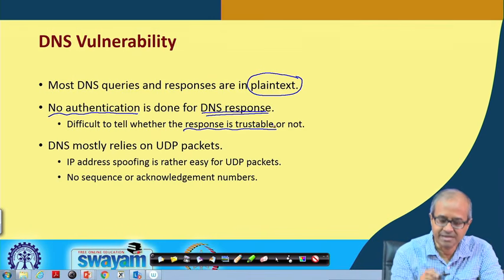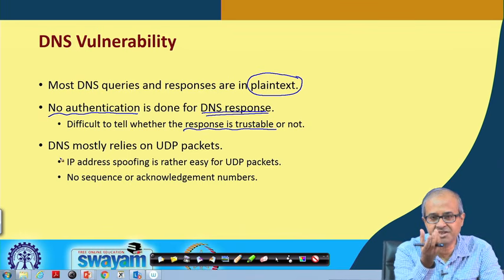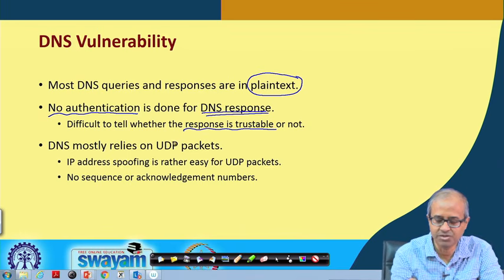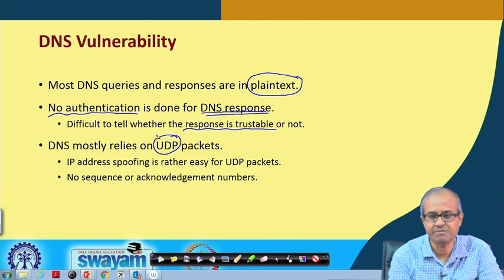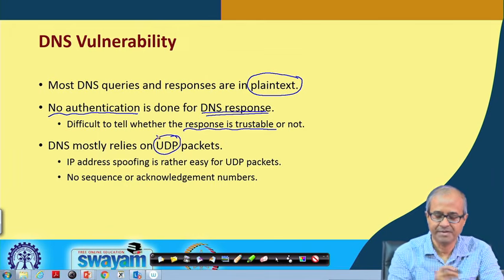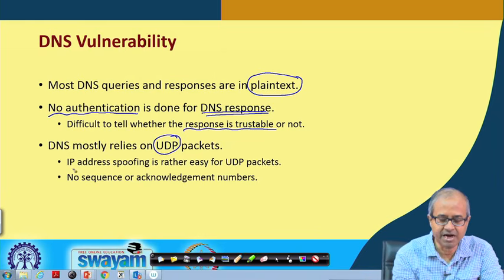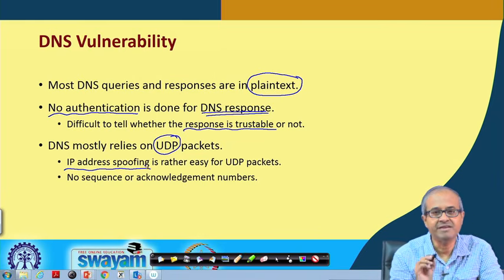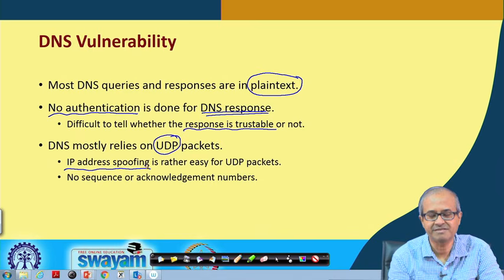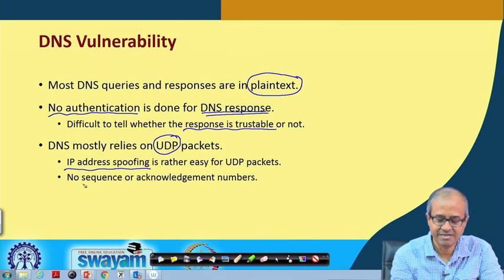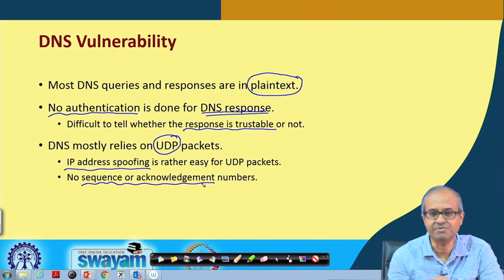And the other thing is that DNS requests and responses, because they are very small packets, mostly rely on the UDP protocol, they do not rely on TCP, because UDP is much faster. And on UDP packets, IP address spoofing is much easier, because unlike TCP, there is no sequence number or acknowledgement number.